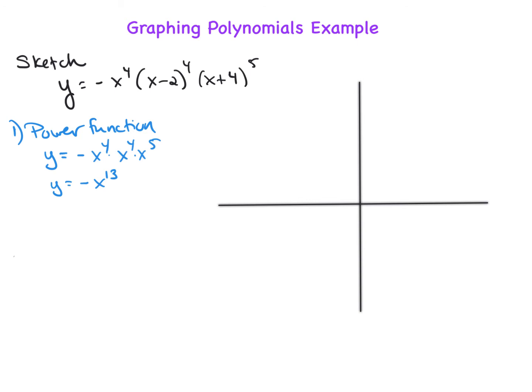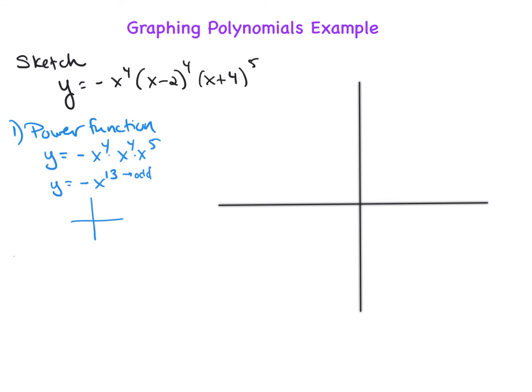Okay, that tells us what our graph is going to look like on the far left-hand side and the far right-hand side of our graph, but not so much what happens in the middle. Since x to the 13 is an odd exponent, it's going to resemble an x cubed graph.